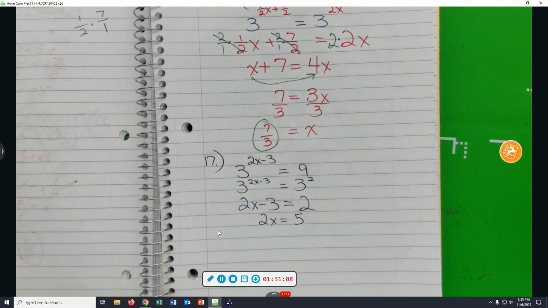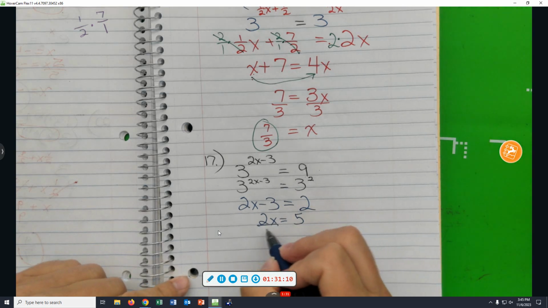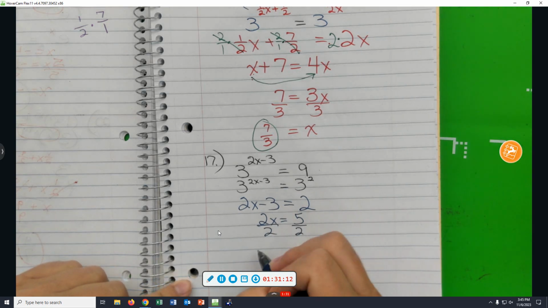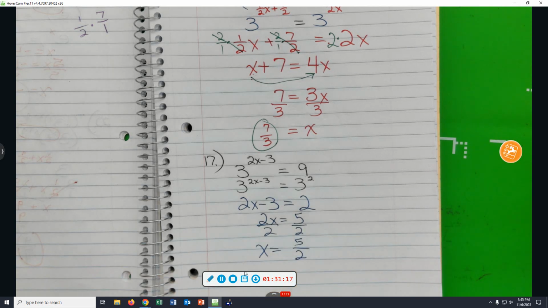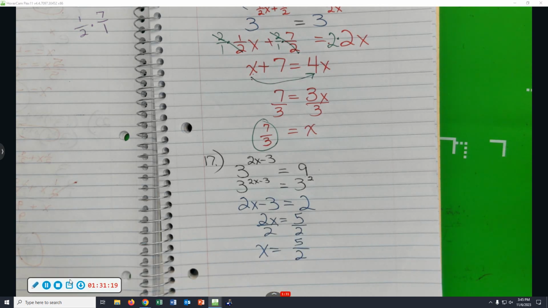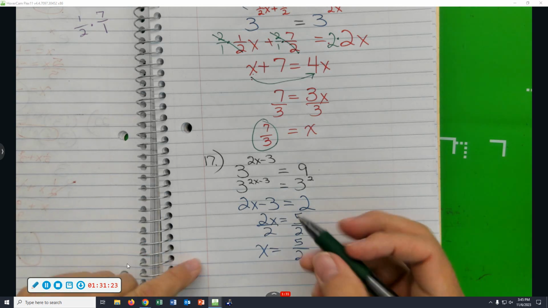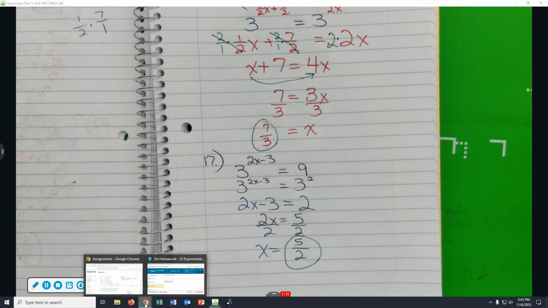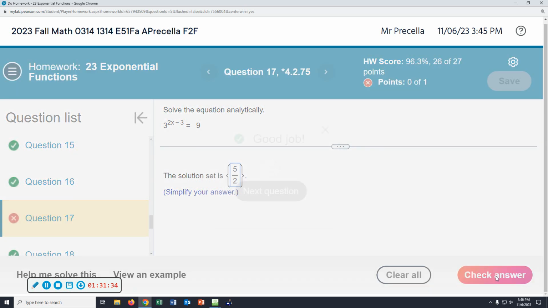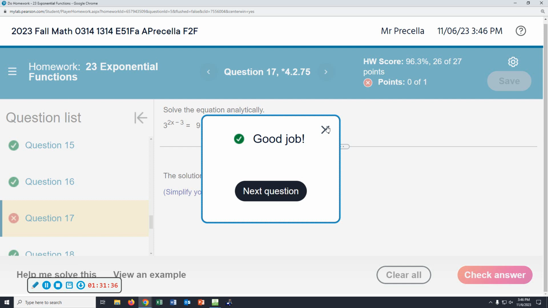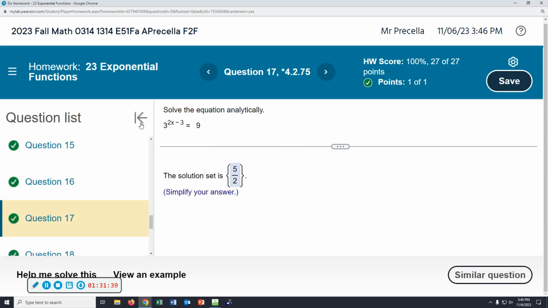And then divide by 2 to give us x equals 5 over 2, for my final answer of 5/2. Let's see, is my score going to change to 100 when I punch that in? Oh, we've already, yeah, okay, so we've done all of them.